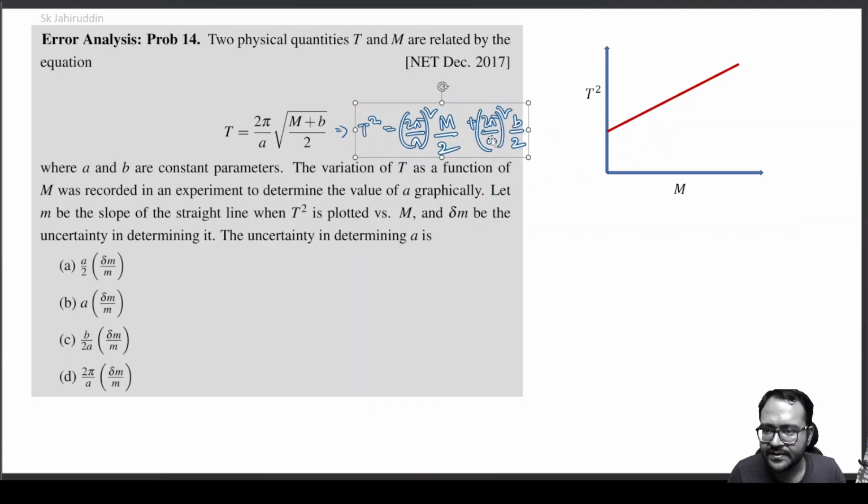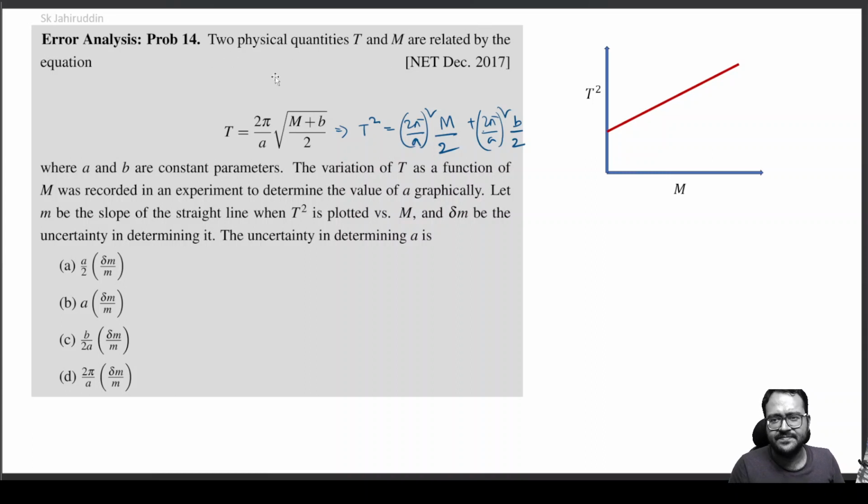So the T square versus M should be a straight line. The variation of T as a function of M was recorded in an experiment to determine the value of A graphically. So you use this.